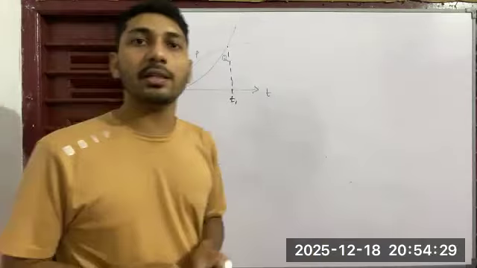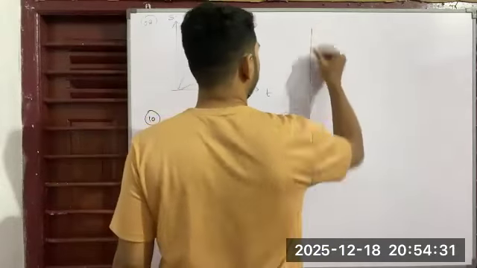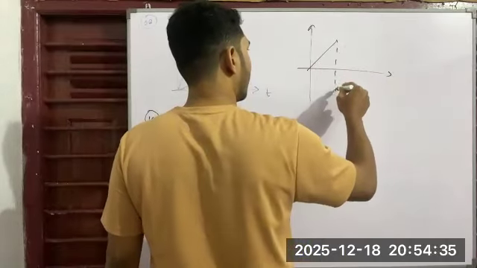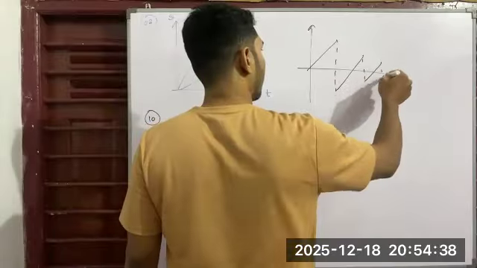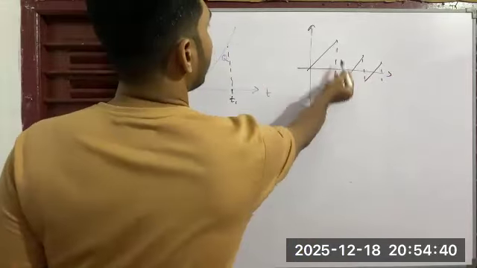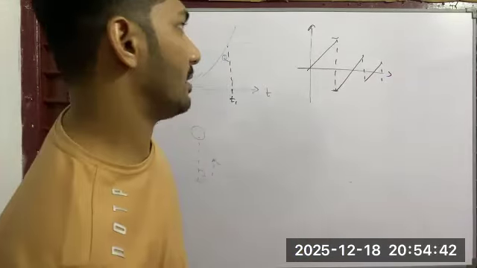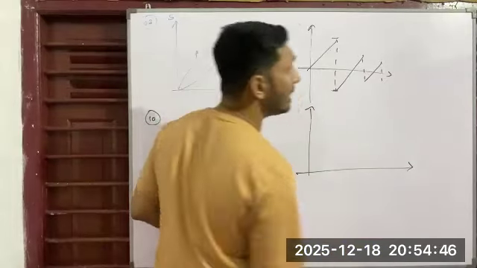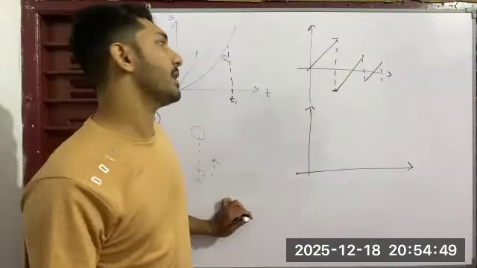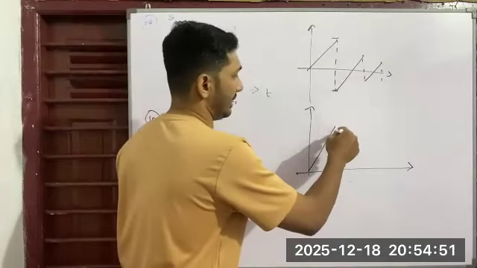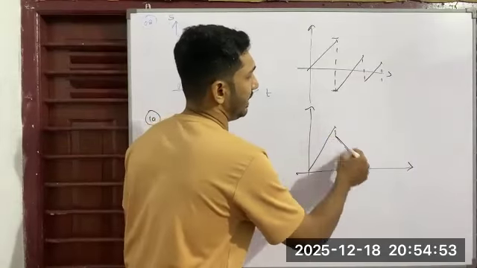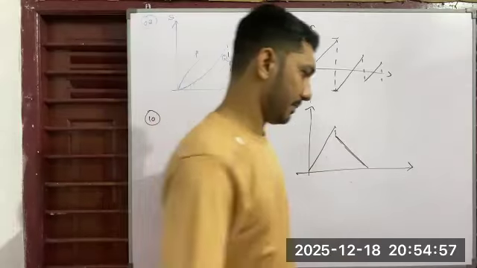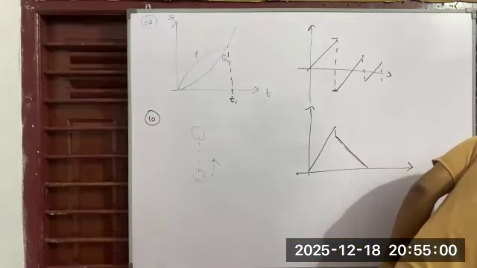If it were a velocity time graph, you would draw like this, with a smaller value on the return. But they are asking for the speed time graph, so it will increase and then there will be a drop, and you will draw it like this because speed is not expressed in negative values. So, first answer.